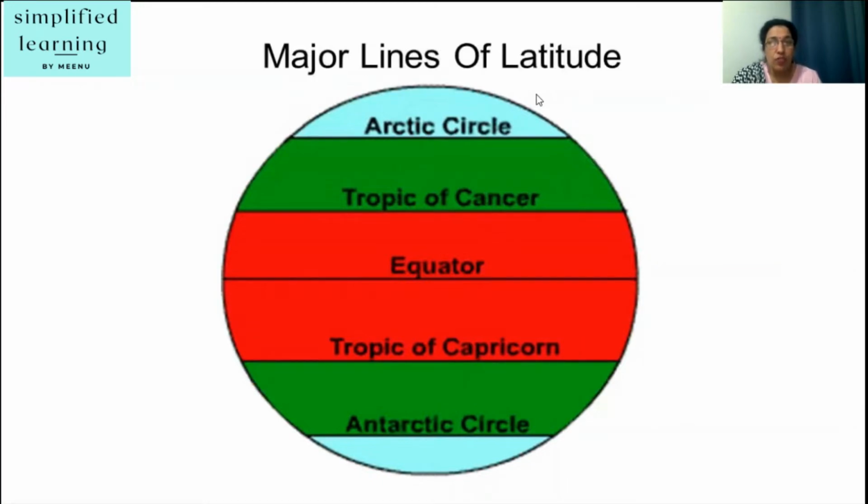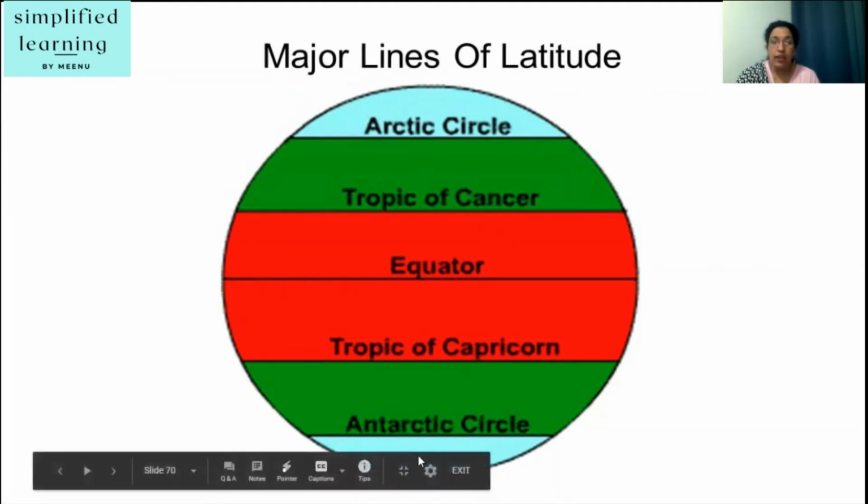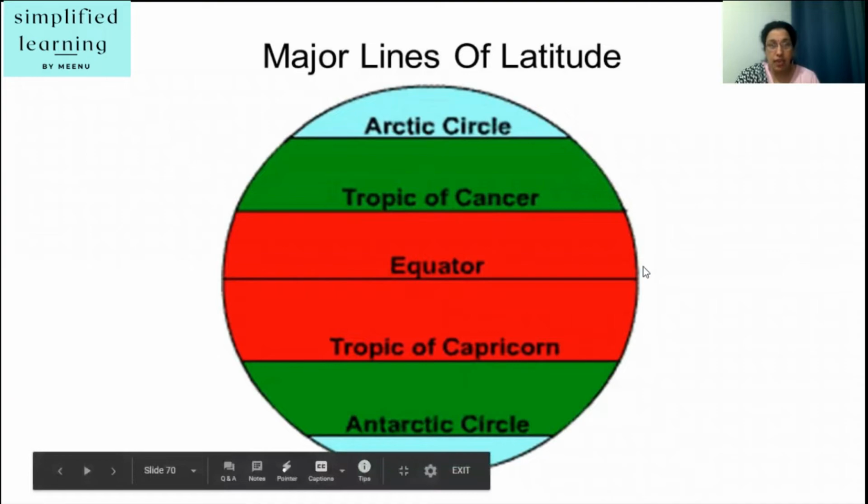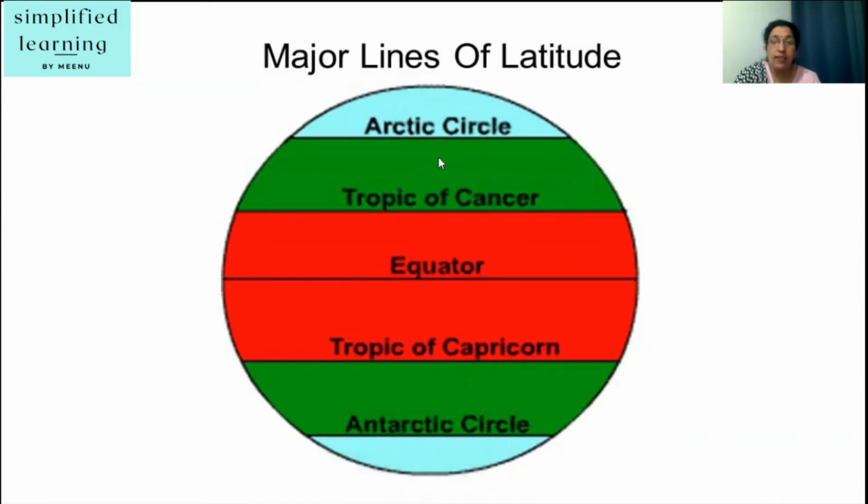Now, the major lines of latitude: we have already discussed the Equator, Tropic of Cancer, and Arctic Circle. Then we have the North Pole here and the South Pole here. And in the southern hemisphere, we have the Tropic of Capricorn and Antarctic Circle. Now, why do we call these important lines of latitude?